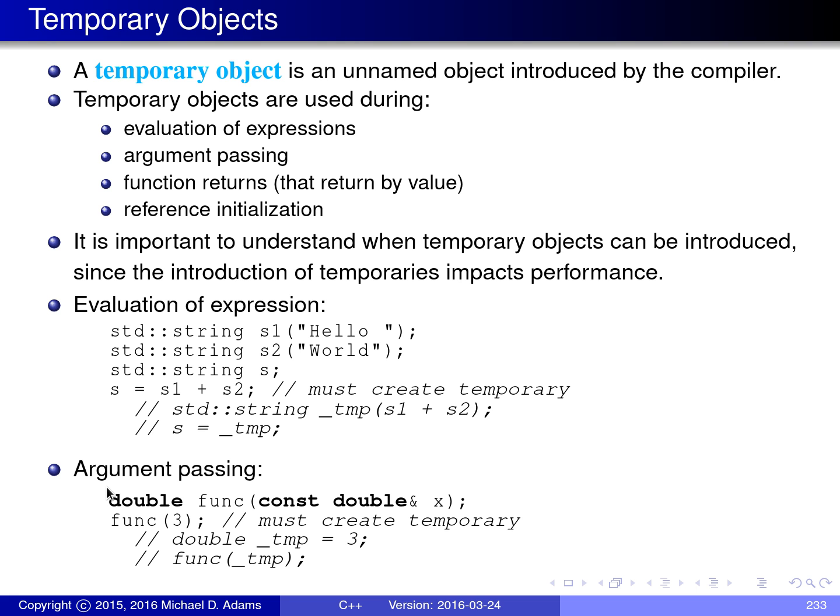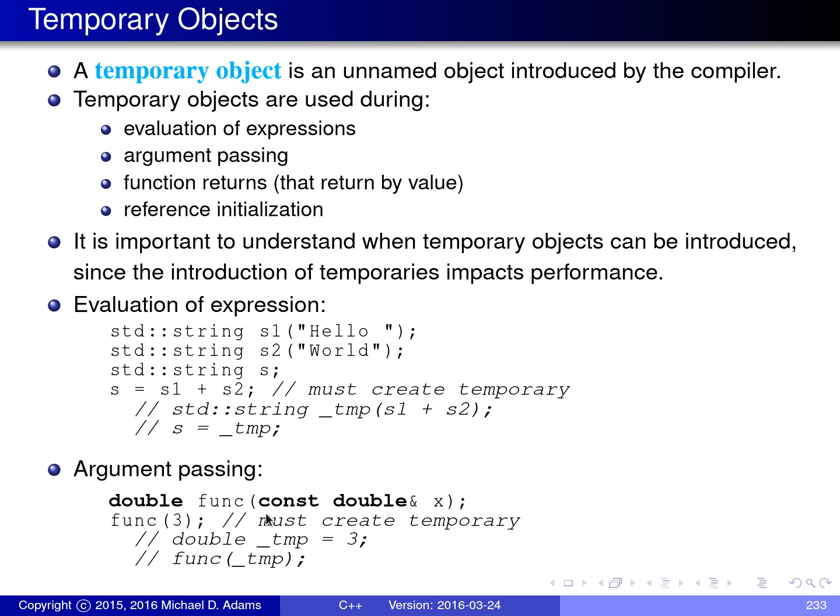Another example where temporary objects can appear is during the passing of arguments to functions. In this case, we have a function called func. It takes a reference to a constant double as a parameter, and returns a double. Then we invoke this function by passing it a value of 3, which is a literal of type int.